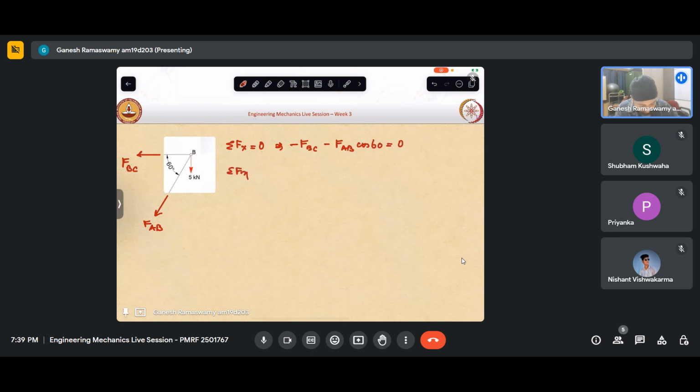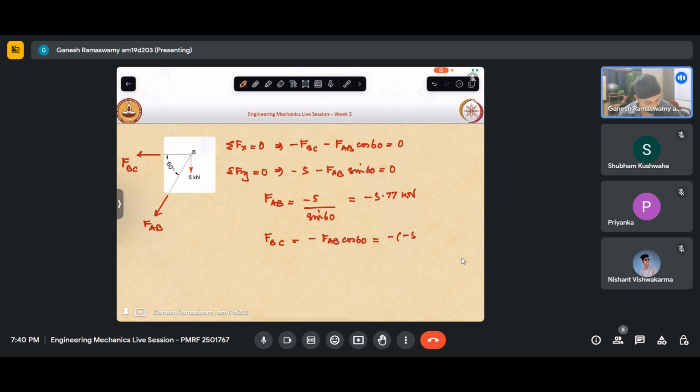Sigma Fy gives me, so FBC will be minus FAB cos 60, is minus of minus 5.77 cos 60, which is half.